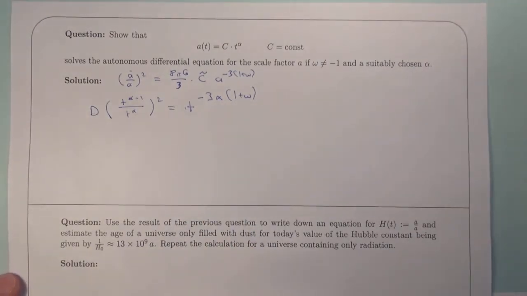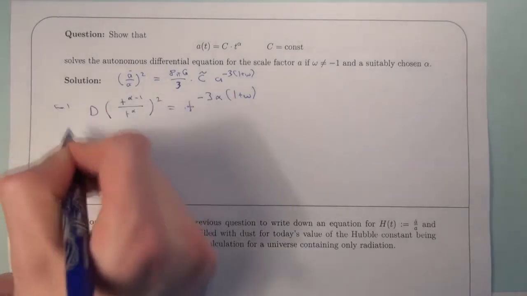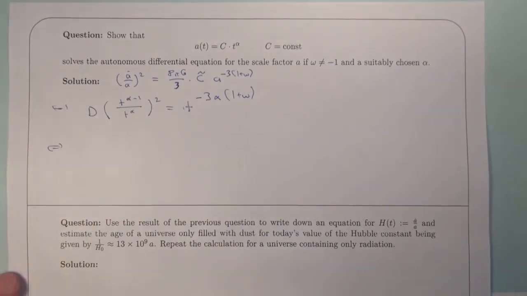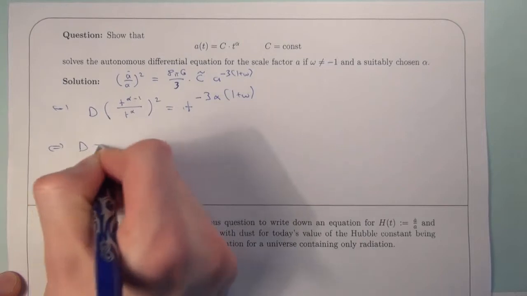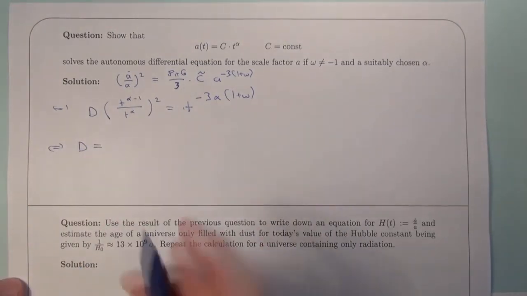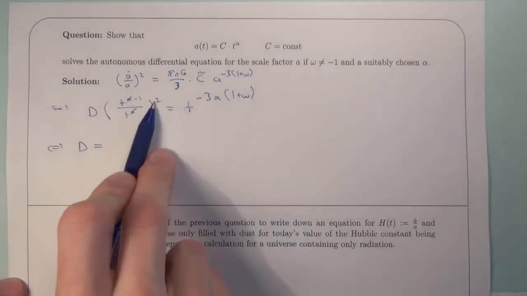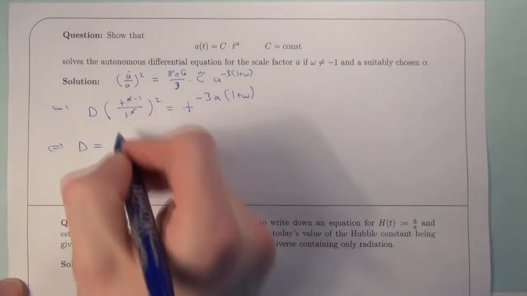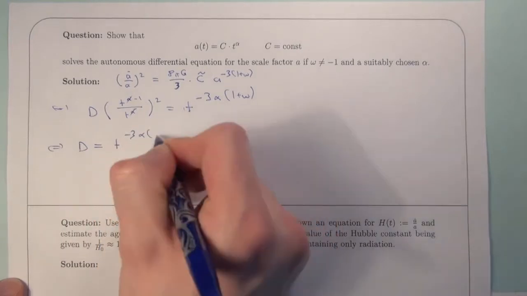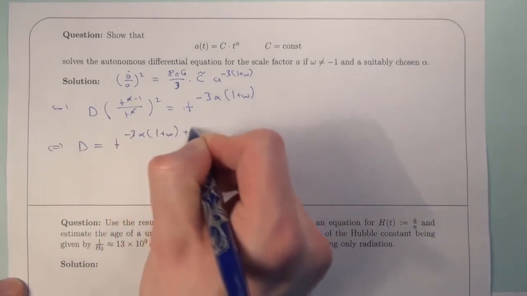Okay, now we do some reordering. That means we have d equals, here the alpha somehow cancels and we get t to the minus 2, and put this to the other side, and that means we get some plus 2 here.